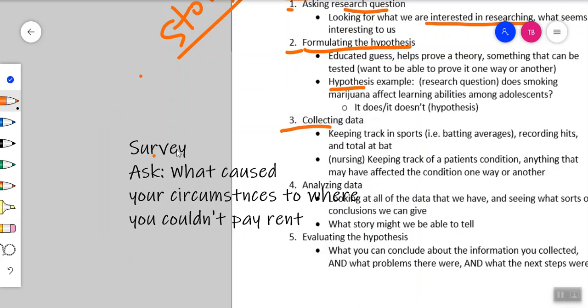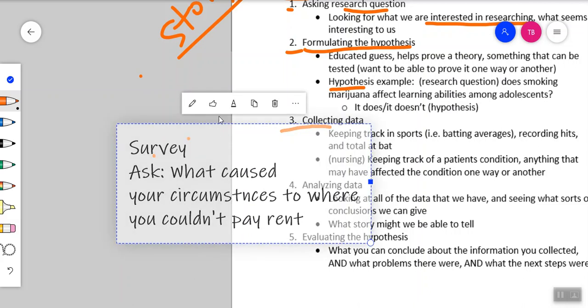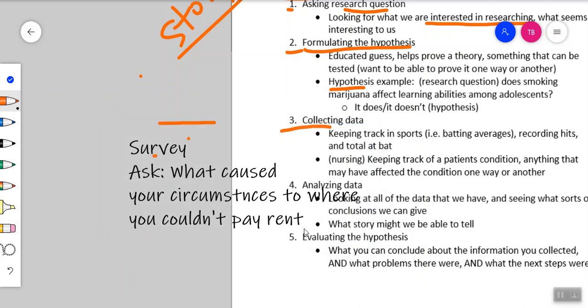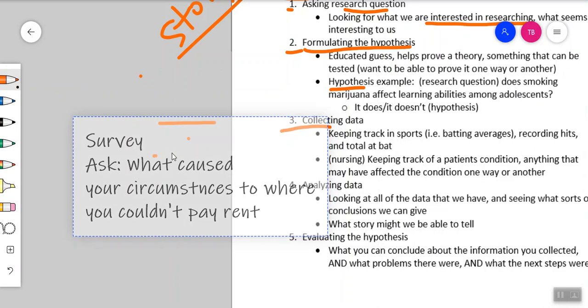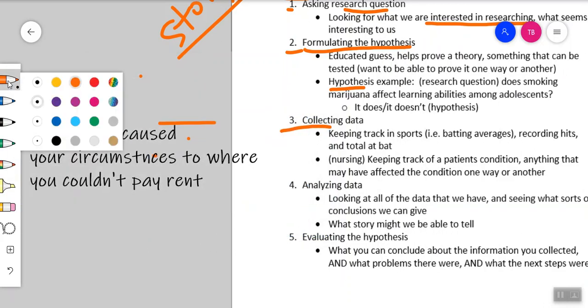So your survey might be to go ask folks you've already identified as being homeless, and then check how they actually answer the survey question of what caused their homelessness.